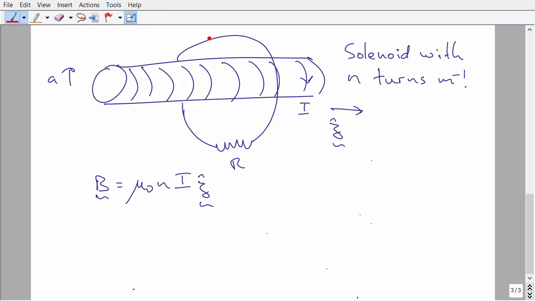Now this wire goes around the solenoid. It's not in electrical contact with the solenoid. It has a resistance R here. If I were to take the integral of E dot dl around this path here, then it would equal minus d/dt of the integral of B dot dA. We know that from the previous equation.